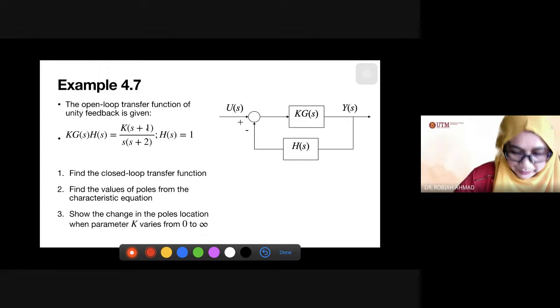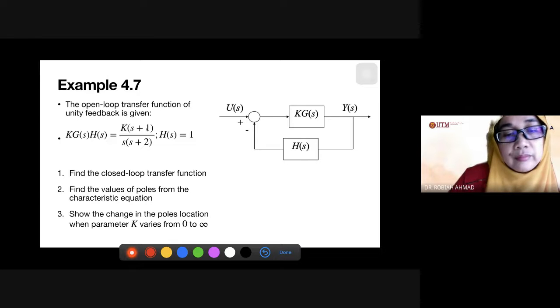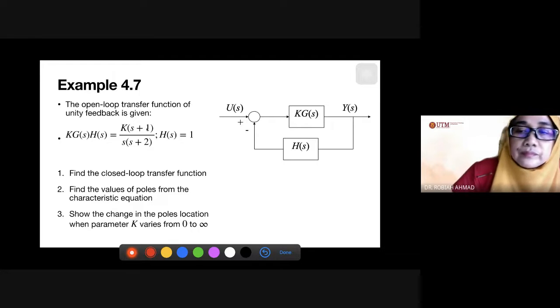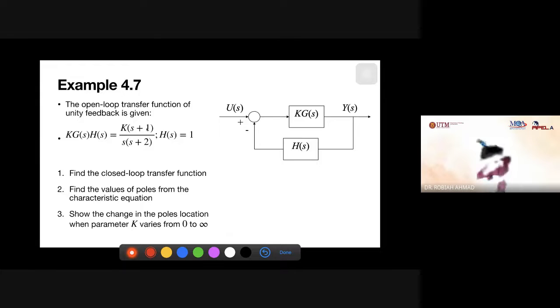Okay, saya bagi 2 minit boleh? Dapatkan closed loop transfer function, because from this closed loop transfer function kita nak tengok characteristic equation. Apa dia?